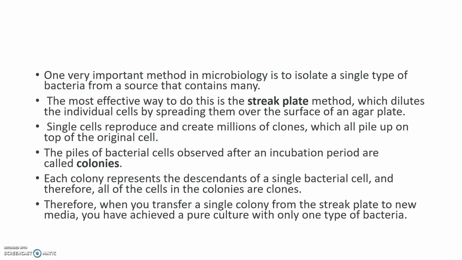Single cells reproduce and create millions of clones, which all pile up on top of the original cell. The piles of bacterial cells observed after the incubation period are called colonies. Each colony represents descendants of a single bacterial cell, and therefore all the cells in a colony are clones.